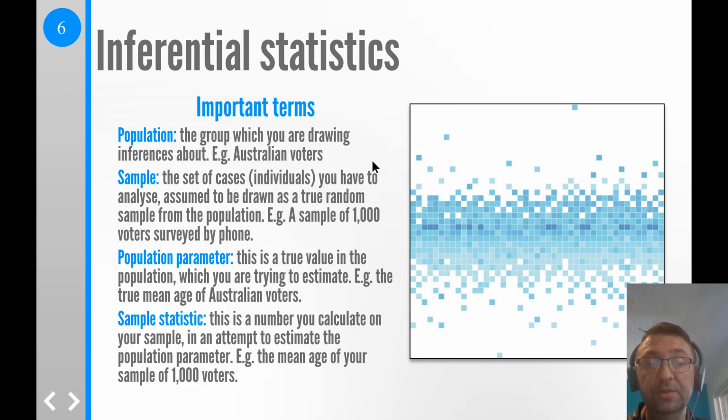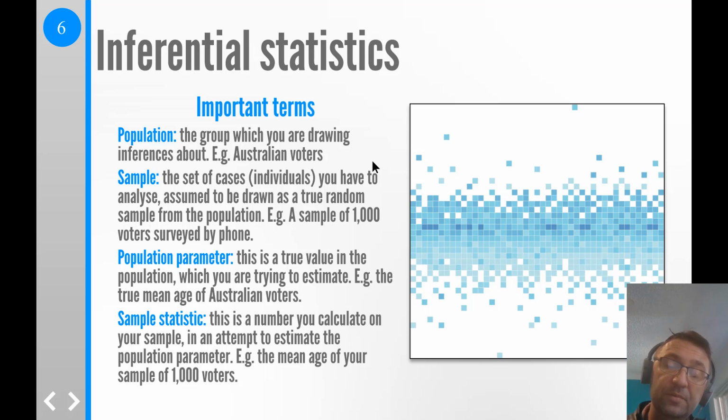And the sample, which is a set of cases you have to analyze that is assumed to be drawn by a true random sample from the population. Say a sample of 1,000 voters surveyed by phone. So you have the population, which is unseen, but the group you want to know about, and the sample, which is randomly drawn from that population, and which you use to make inferences about the population.